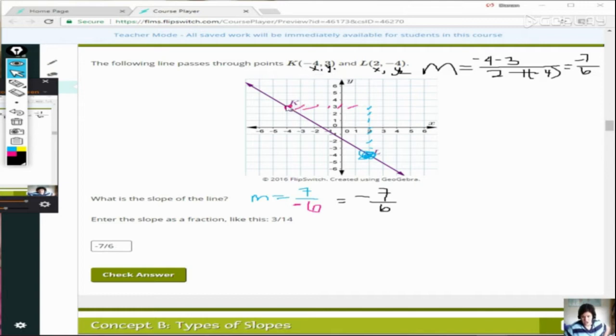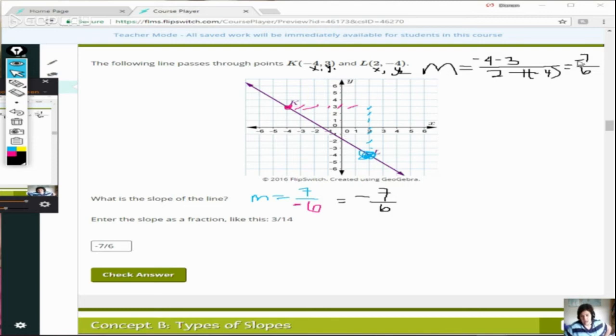That means I started at K and ended at L. That distance is still the same, no matter whether I say I started at L and ended at K. That distance will not change.